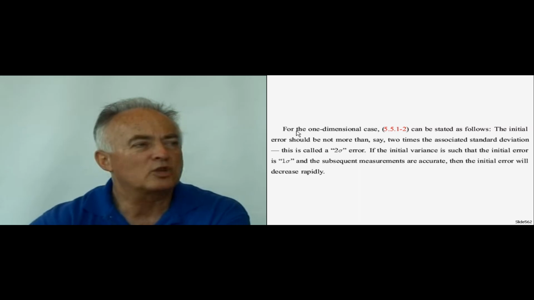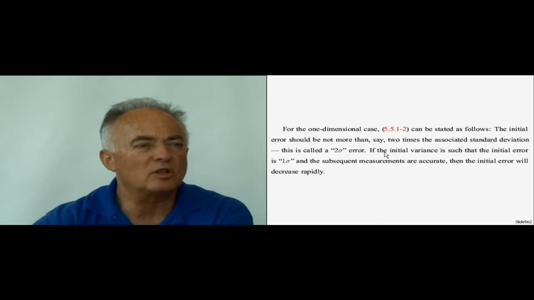So to make sure this does not happen, in the one-dimensional case, we can make the following statement. The initial error should be not more than, say, twice the associated standard deviation, the 2 sigma error. If the initial variance is such that the initial error is 1 sigma, and the subsequent measurements are accurate, the initial error will decrease rapidly.